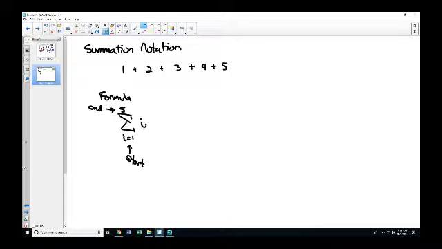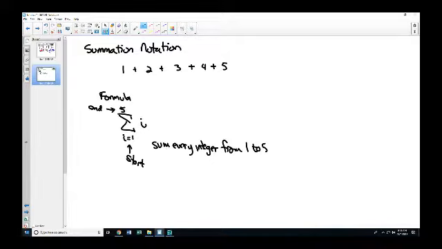Okay, so this is telling us to sum every integer from 1 to 5. So you remember what the integers are? Whole numbers, positive or negative.